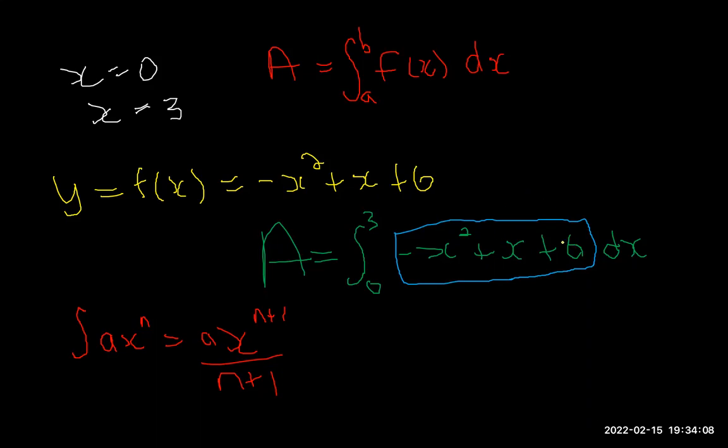We practiced that already. So if I give you minus x squared, and I apply this rule, can anybody tell me what the integral of minus x squared would be? Just apply this rule. Anybody? What's the integral of minus x squared?